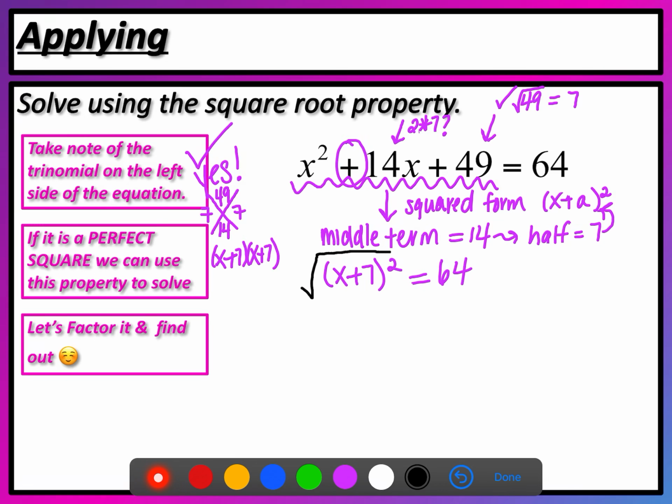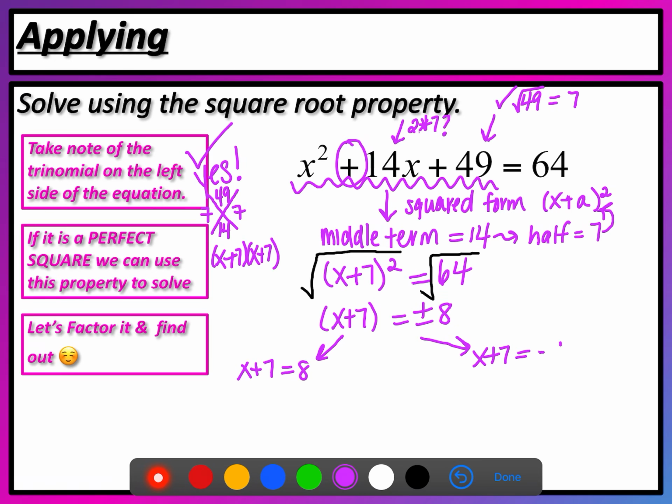Equals 64, because now I can do the square root property like we were doing in our first two examples. I get x plus 7 on the left, and I get plus or minus 8 on the right. You have to remember the plus or minus, because you need two equations to solve.